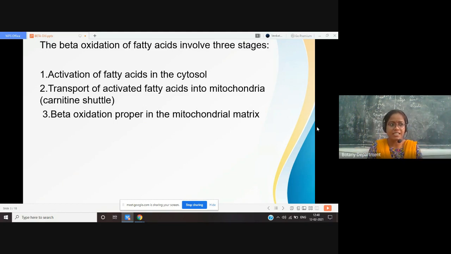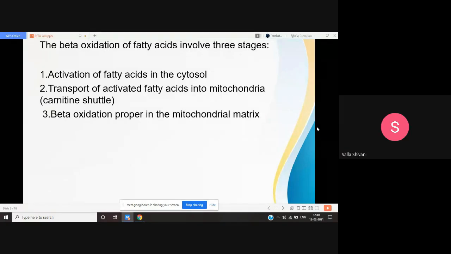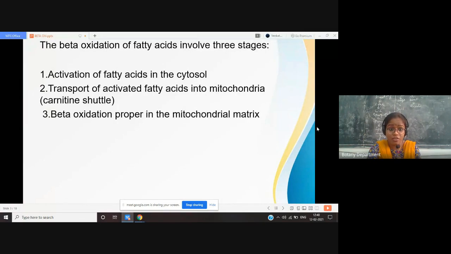First, what happens? Activation of fatty acids. Where? In the cytosol. The cell will have cytosol and cell organelles. You know, right? Cell biology. Inside that cell, the cytosol is there, and there our fatty acids are activated. After activation, they slowly enter into the mitochondria.